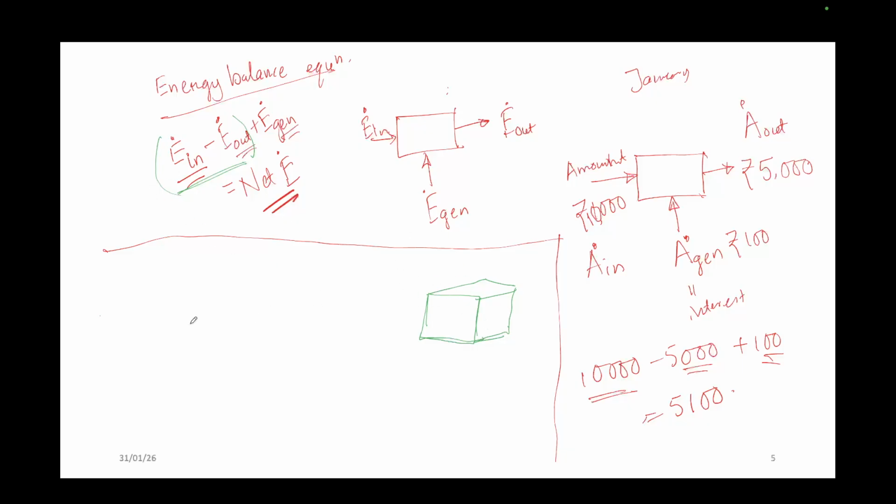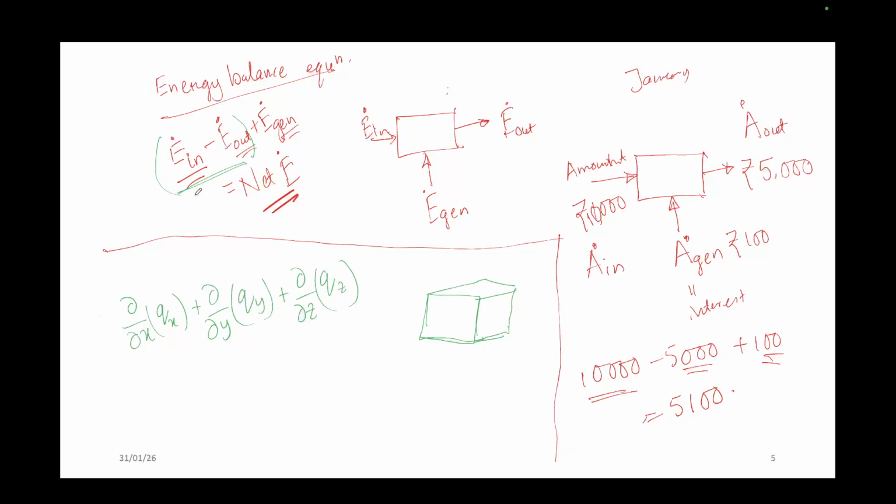So in certain cases, what has been found out is d/dx of qx, where qx is your heat flux, plus, that means the change in heat flux in the x direction plus the change in heat flux in the y direction plus the change in heat flux in the z direction.